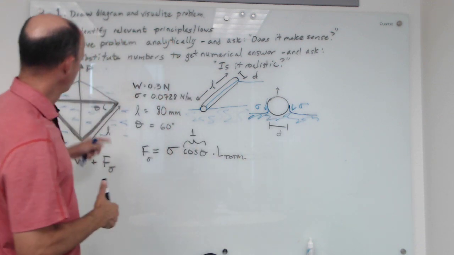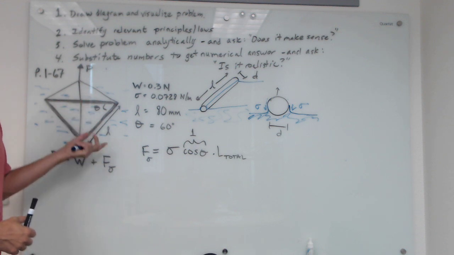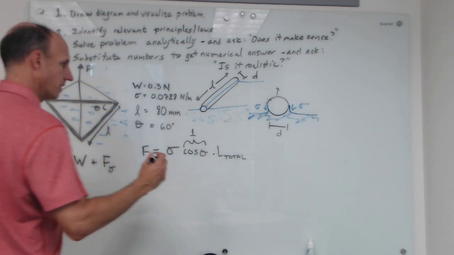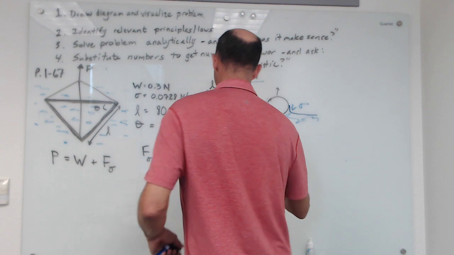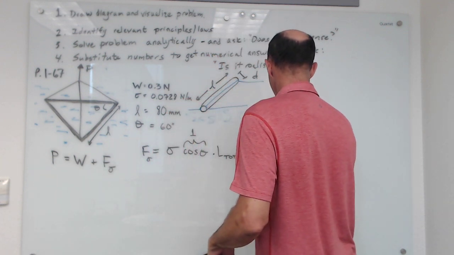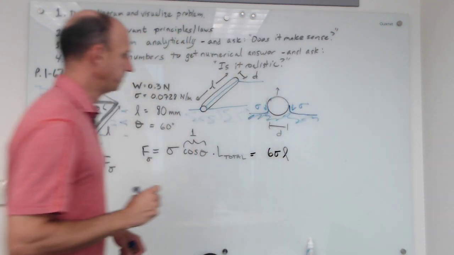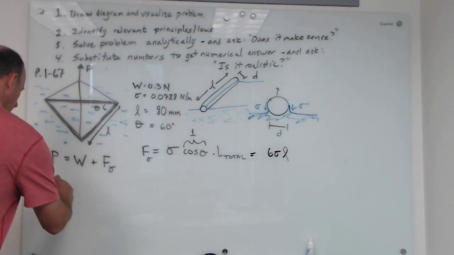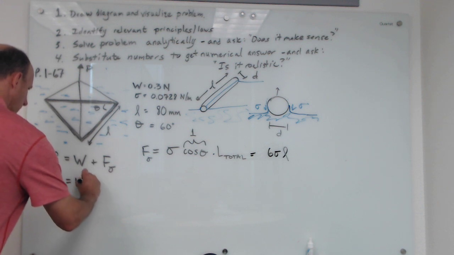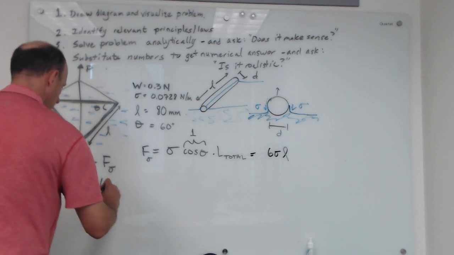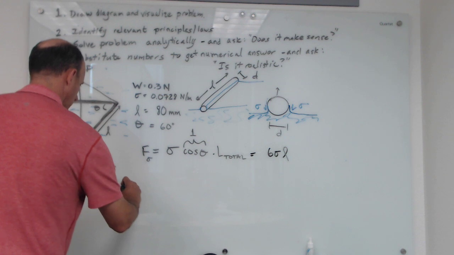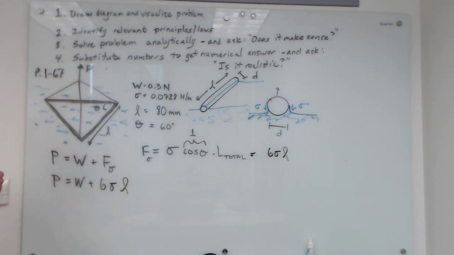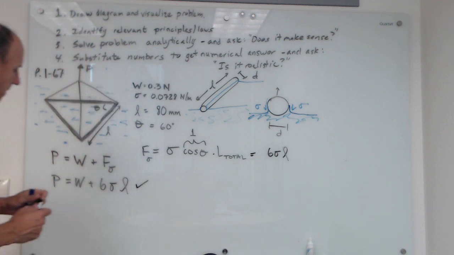So we have 3 rods, 2 sides per rod, and this expression can simply be written as 6 sigma times L. Putting this back into our expression, P equals the weight plus 6 times sigma times L. If you substitute in these numbers, you would be able to get your answer.